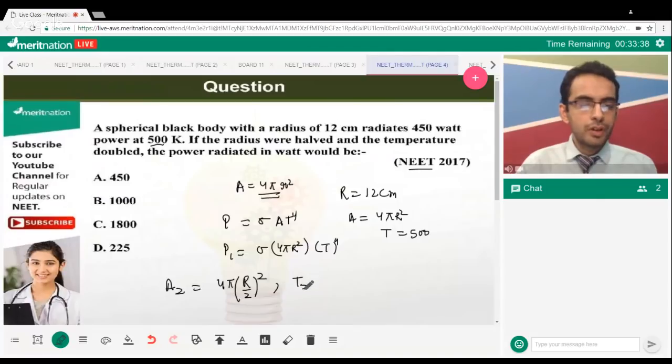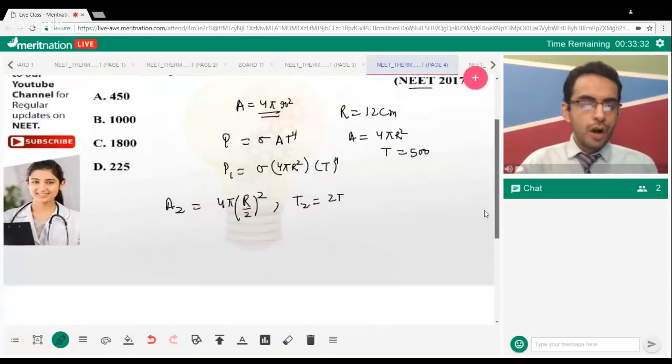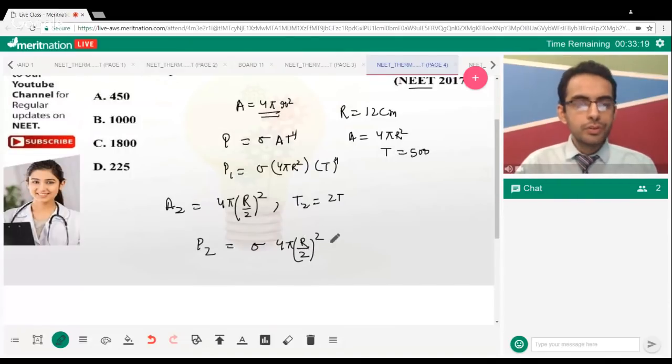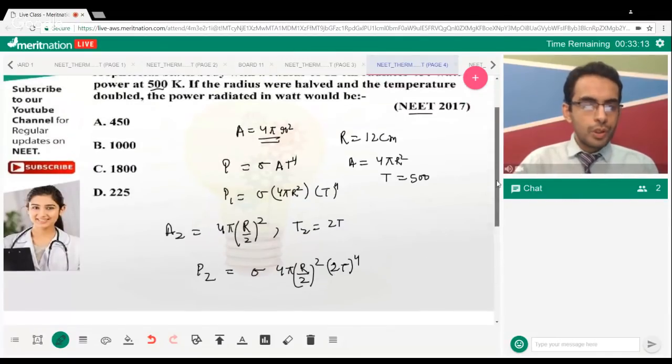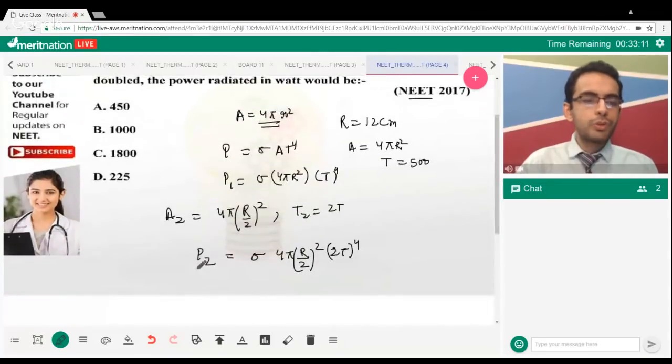It becomes twice of the initial temperature. So now P2 will be equal to sigma into 4 pi into (R by 2) square into (2T) raised to the power of 4.